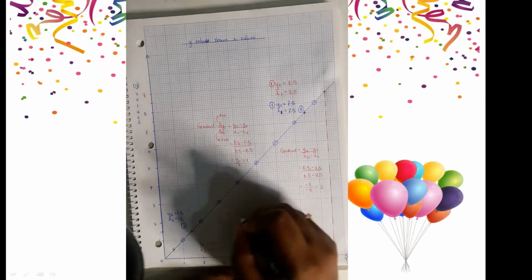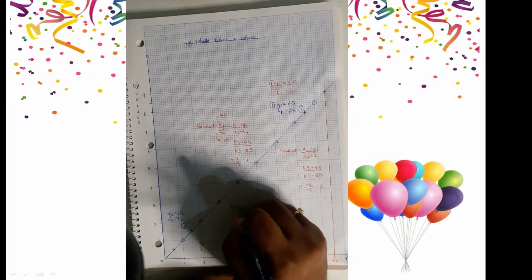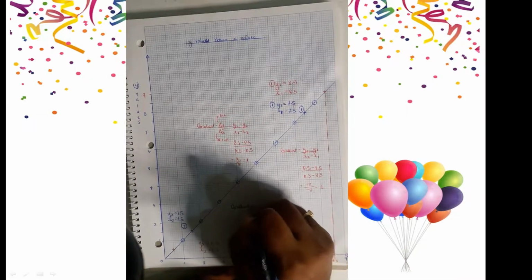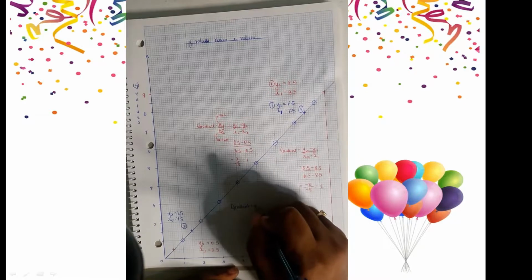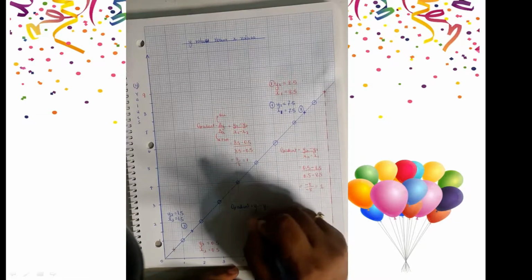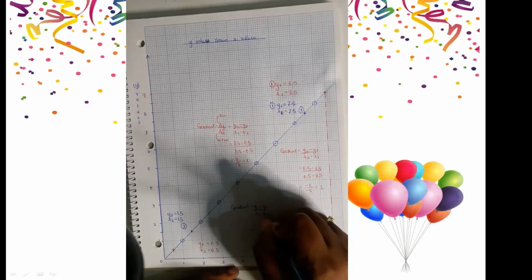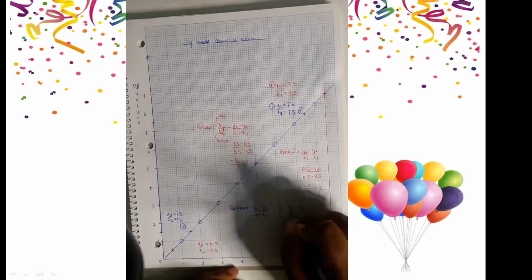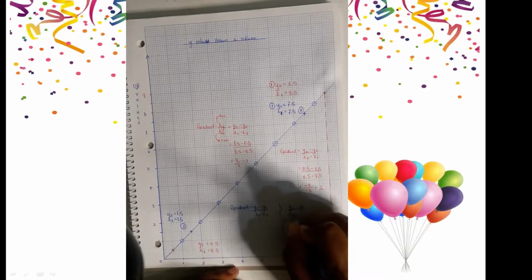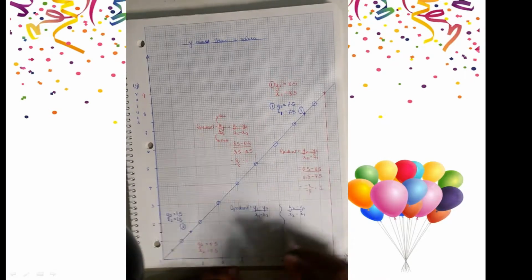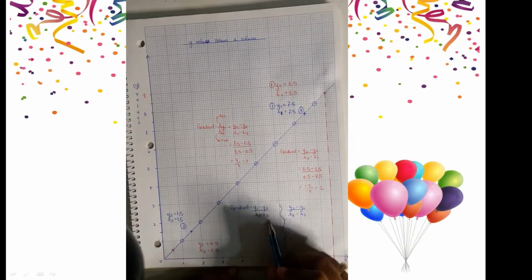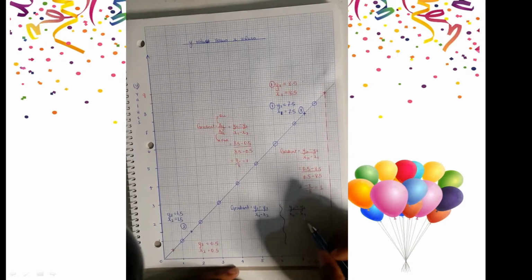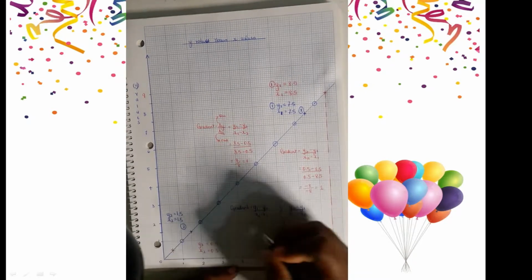So let's find the gradient. So the gradient will be equal to y1 minus y2 over x1 minus x2. And we're going to do y2 minus y1 over x2 minus x1. See the match? 1 and 1, 2 under 2, 2 and 2, 1 under 1. And we just put in our numbers.